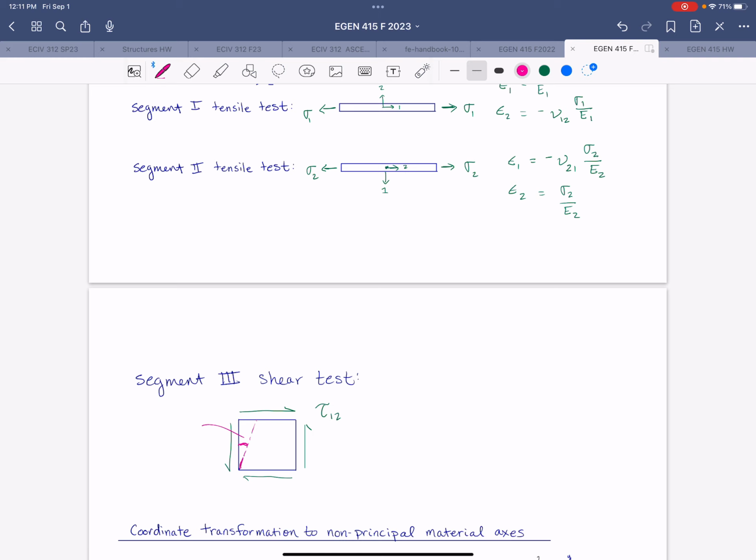So that's your shear strain. And then you can calculate the shear modulus from that.